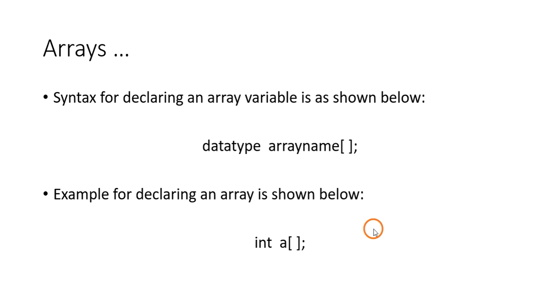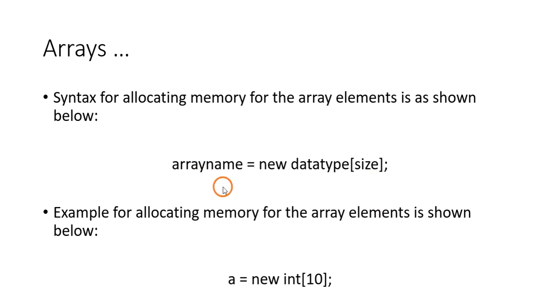Next, in Java you have to allocate memory for the array. The second step is to allocate memory for the array. How do you allocate memory? If you have watched the previous videos, you already know that for allocating memory we use the new keyword. You use it like this: array name equal to the new keyword, data type, and the data type followed by square brackets.